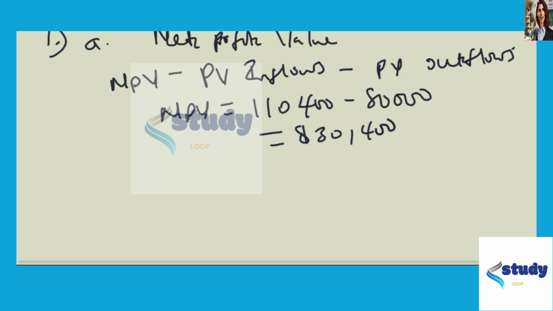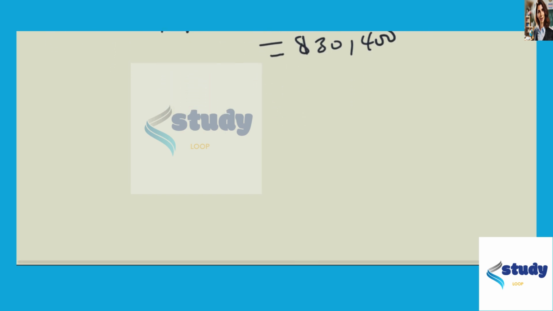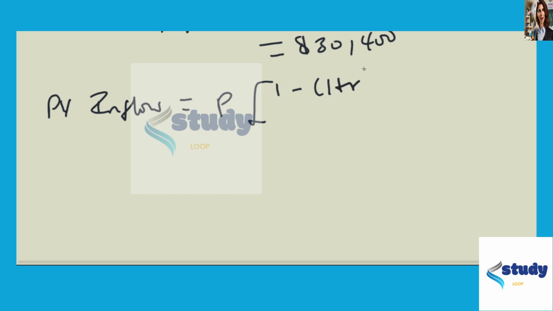Now, further, the present value of the cash inflows and outflows will be calculated as the following. So the present value of the cash inflows would be P open brackets 1 minus 1 plus R raised to power minus n, divided by R, where P is the periodic payment, R is the rate, and N is the number of periods.